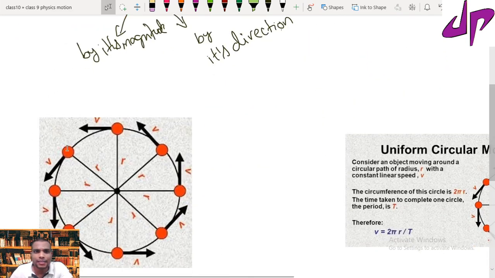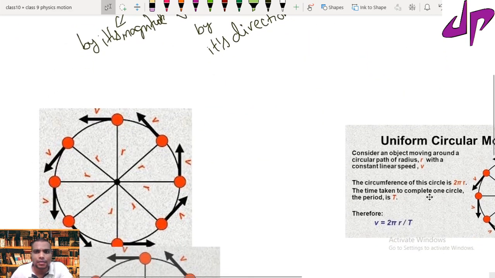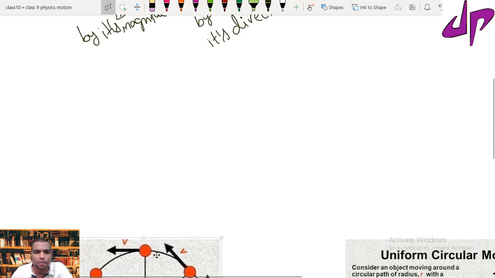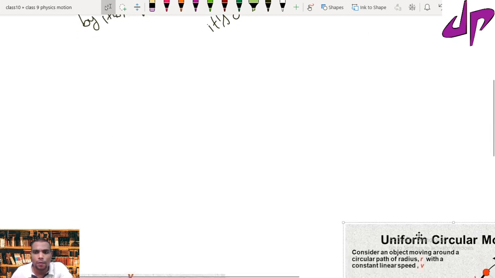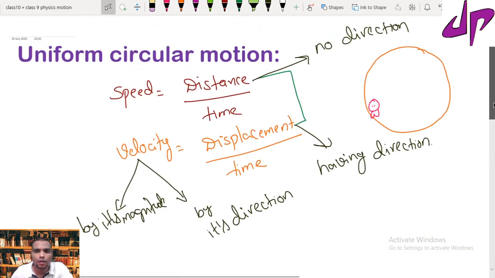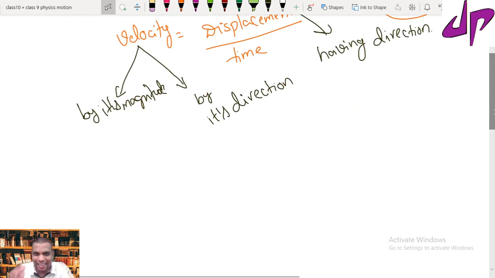Suppose for a moment I have a linear track, that means a straight line.